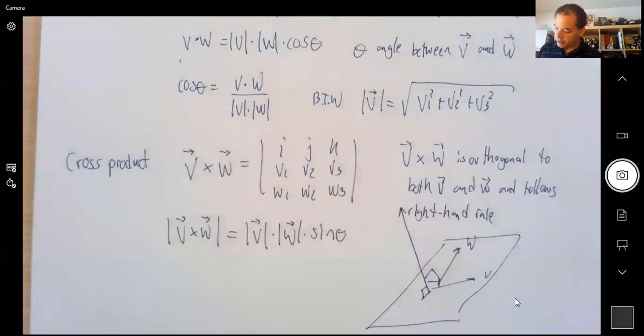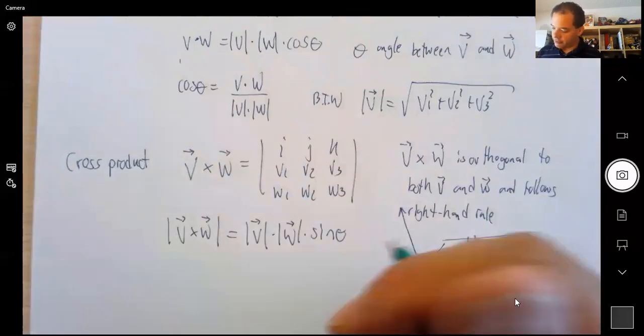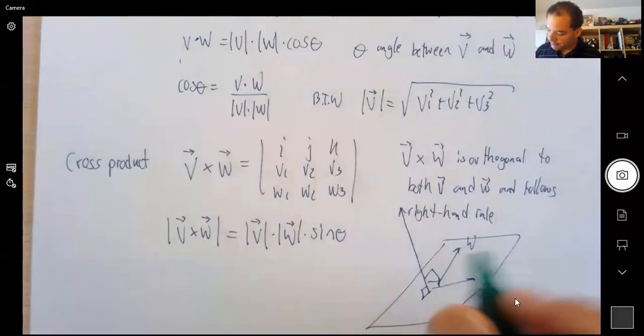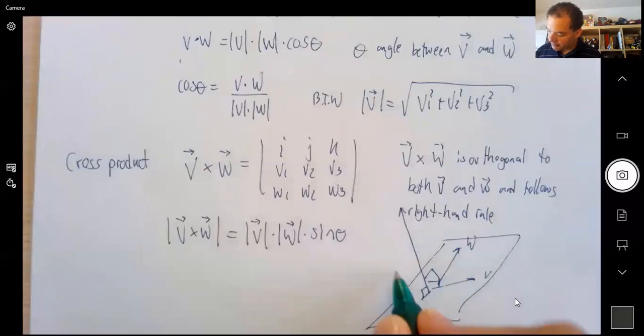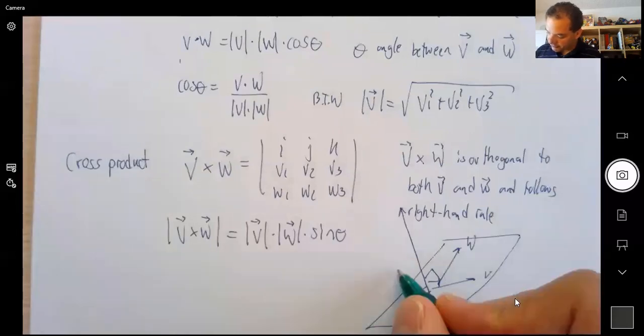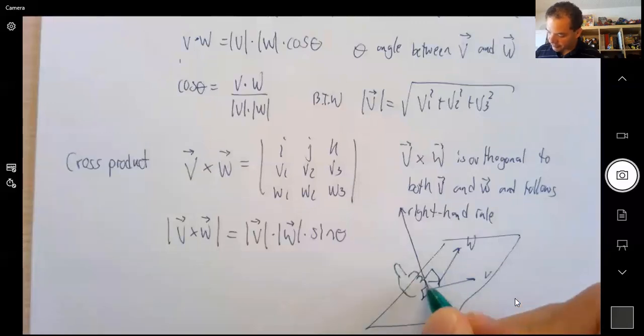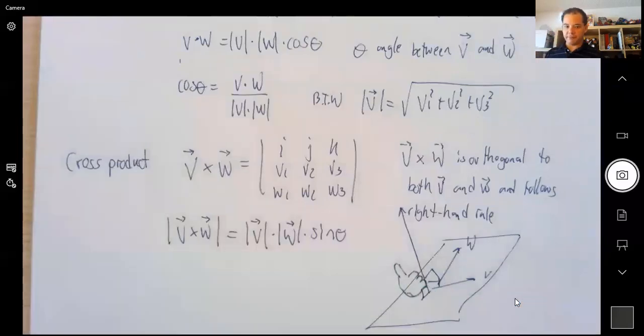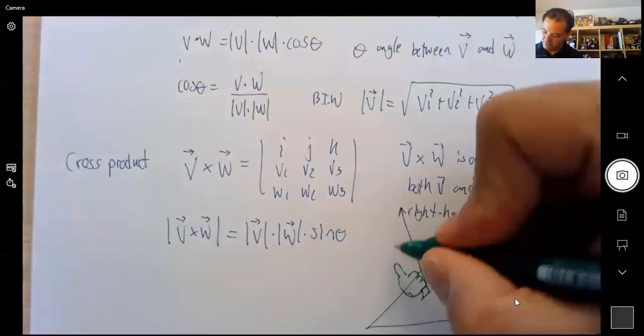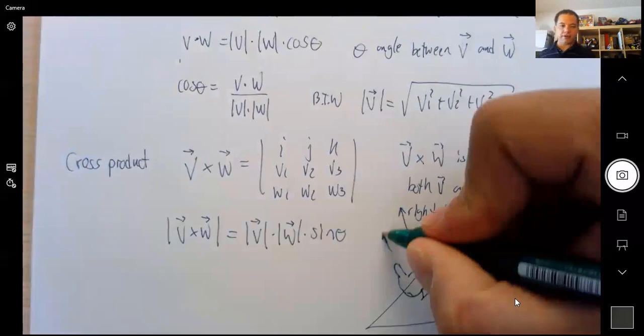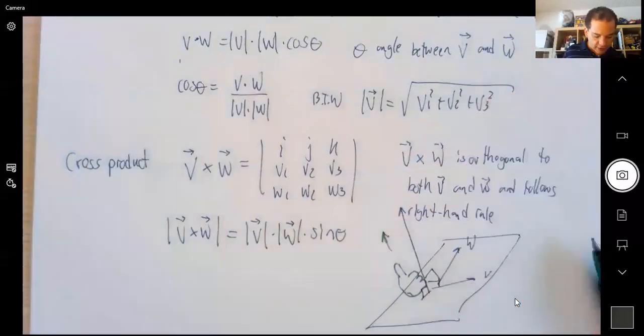If you do a little hand that goes from V to W, then the thumb points in the direction of the cross product. All right, so that's a quick summary of chapter 13.